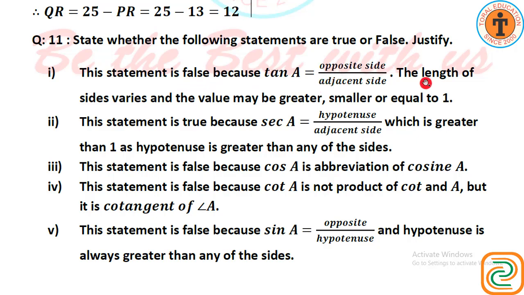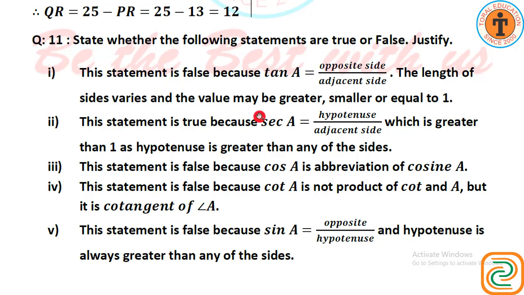The length of sides varies and the value may be greater, smaller or equal to 1. If the opposite side is greater and the adjacent side is smaller, then the value will be more than 1. If both are equal, the value will be 1. And if the opposite side is smaller and the adjacent side is greater, then the value is smaller. Therefore, I have justified here with a sentence.